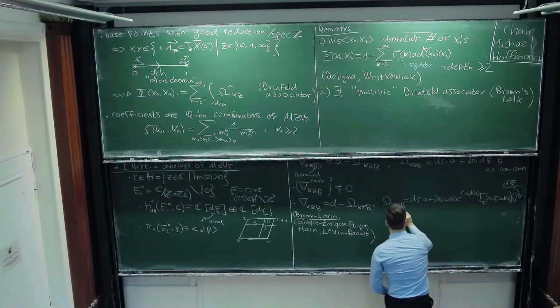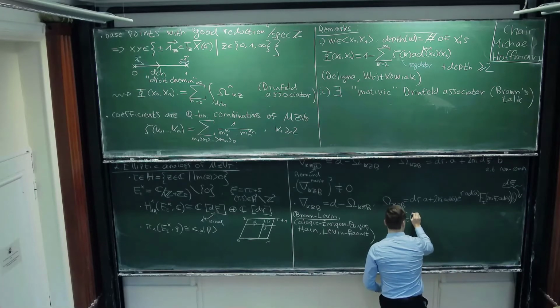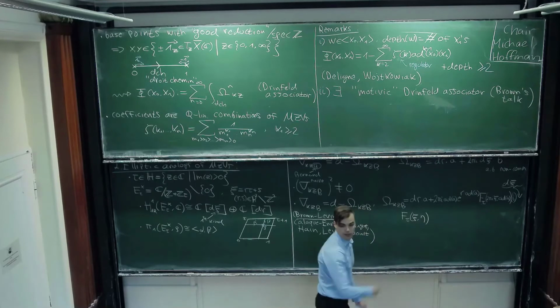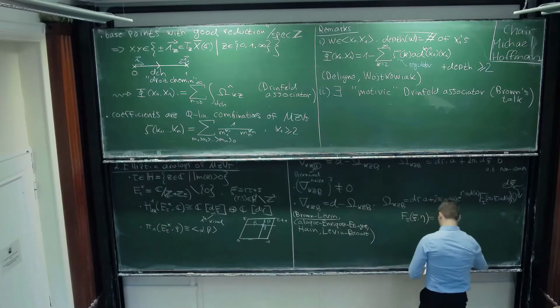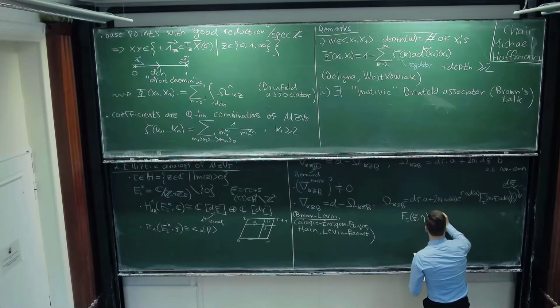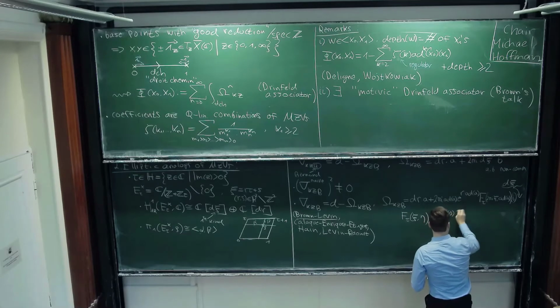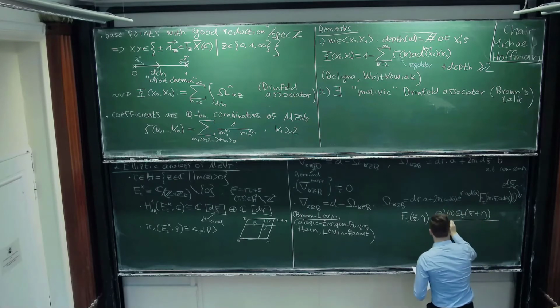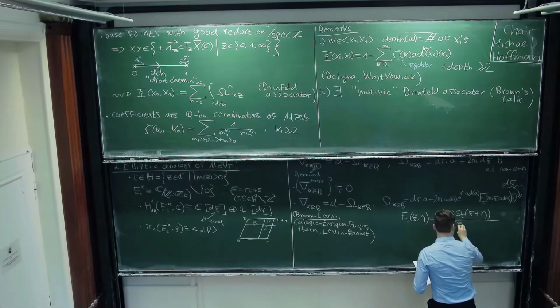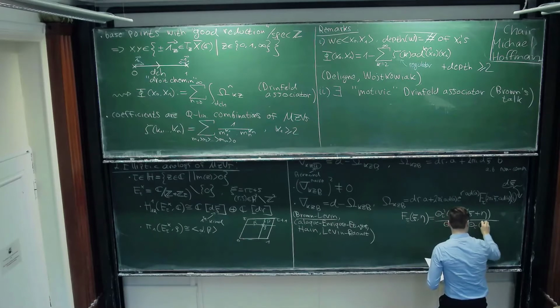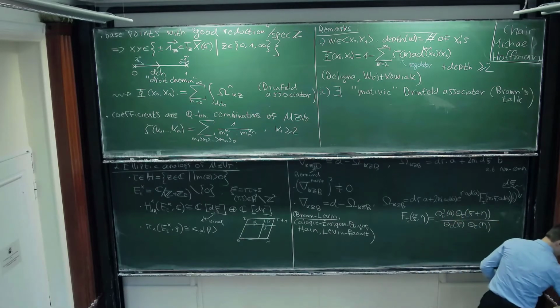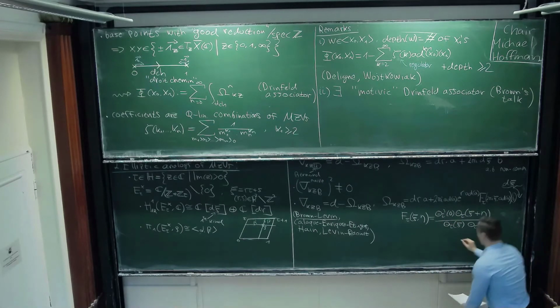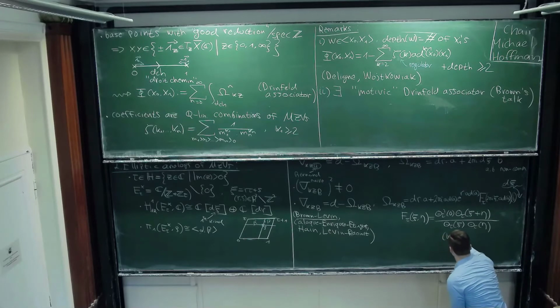And f tau is a function of two variables, so we have the fixed parameter tau here, and we have xi and eta, and this is what's often called the Kronecker function. It's a quotient of Jacobi theta functions. Kronecker considered such a thing first.